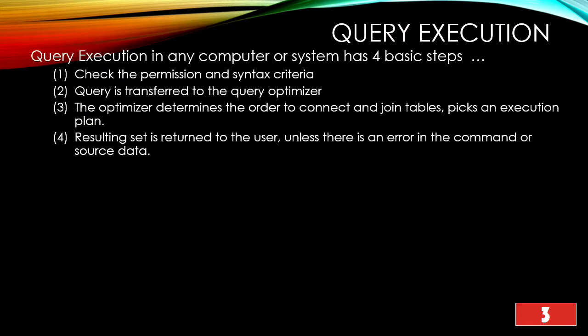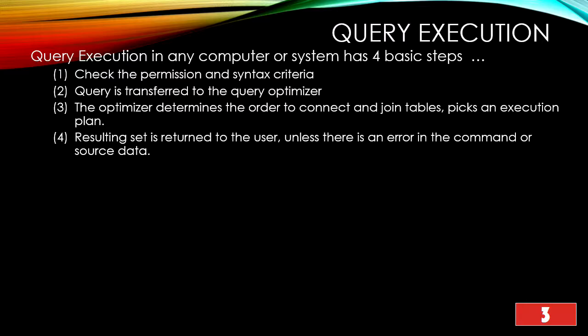Query execution in any computer system, whether it's SAS or Microsoft Access or MySQL, has these overall big picture 4 steps. First, when you run a query, the first thing a computer system does is check the permission and the syntax of the criteria. Then the query is transferred to something called a query optimizer, where the query is broken down into more of a machine language that the computer system can execute in its own way more quickly.